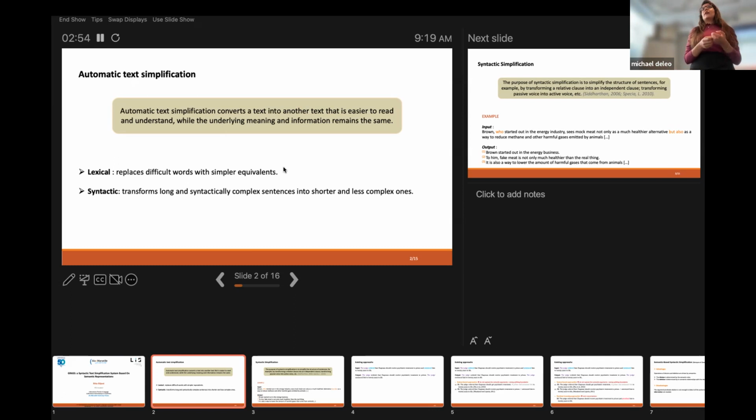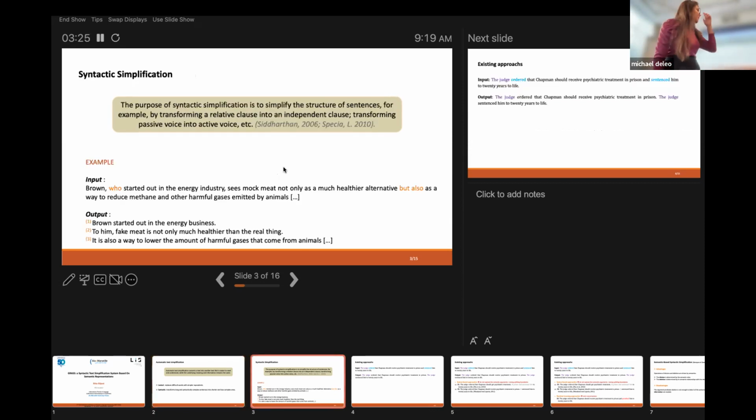When we have subordination, coordination, appositive clauses, or relative clauses, the goal of syntactic simplification is to go from sentences that contain that type of difficulty into simpler sentences that do not contain that type of complexity. So in my PhD, I'm working on syntactic simplification. I'm not working on lexical simplification.